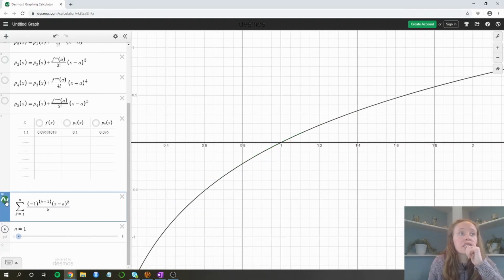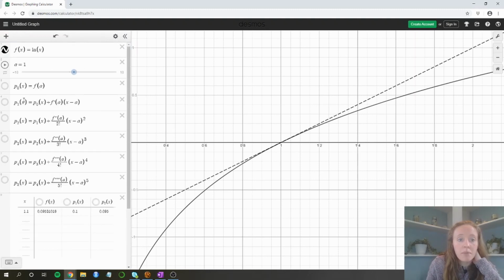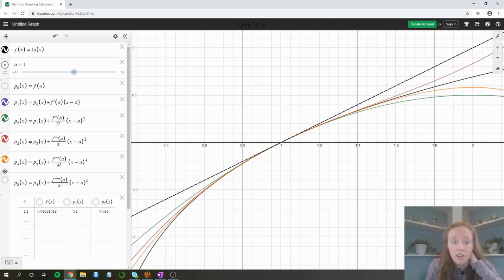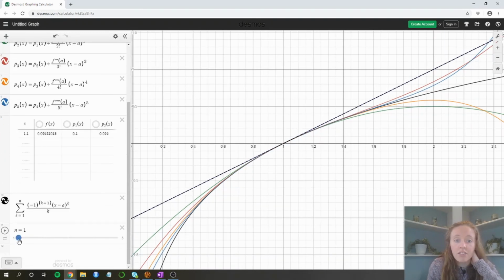And I'm going to change this to be the dotted black line. So the dotted line is our sigma notation representation. So you can see when we go to a degree of 1, it's going to match our first degree approximation. So if I click our first degree, second degree Taylor polynomial, third, fourth, and fifth, note that as I slide our n value along, right now I'm at that first degree Taylor polynomial approximation.